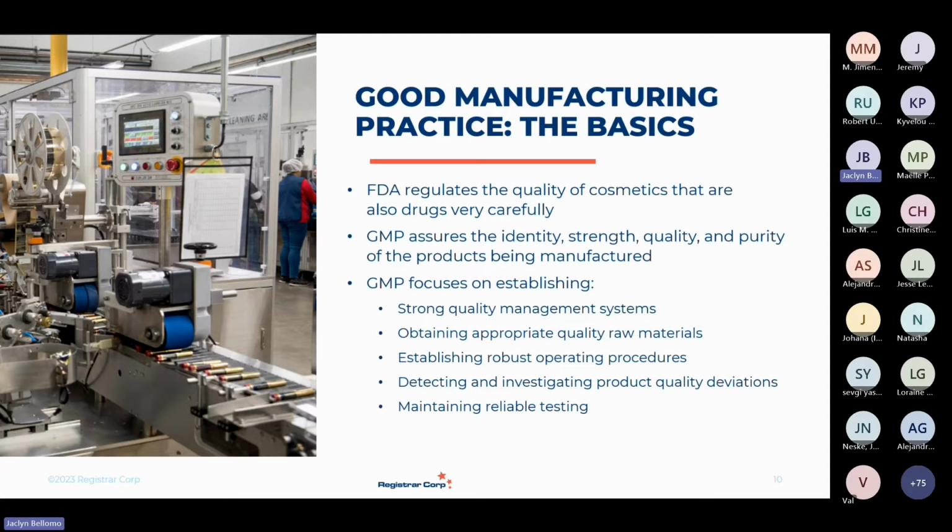So the whole focus of GMP is this strong quality management system and having things in place so that you're able to follow procedures, and that if there happens to be an issue, you're able to quickly detect and investigate a problem and have a course of action on how to correct it.